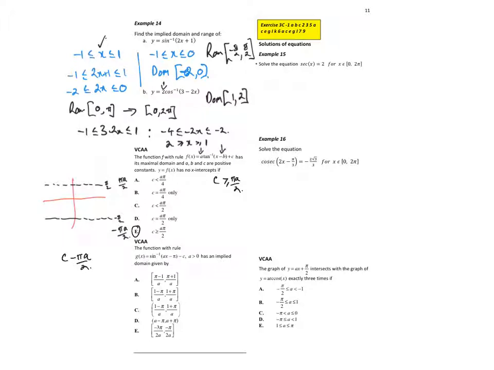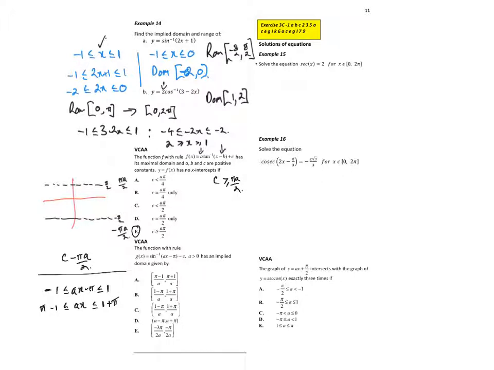All right. Blah, blah, has an implied domain given by, again, the C value is not relevant, but I do need, so the domain normally for sine is negative 1 is less than or equal to AX minus pi, which is less than or equal to 1. So we need to add pi. So I get pi minus 1 is less than or equal to AX, which is less than or equal to 1 plus pi.